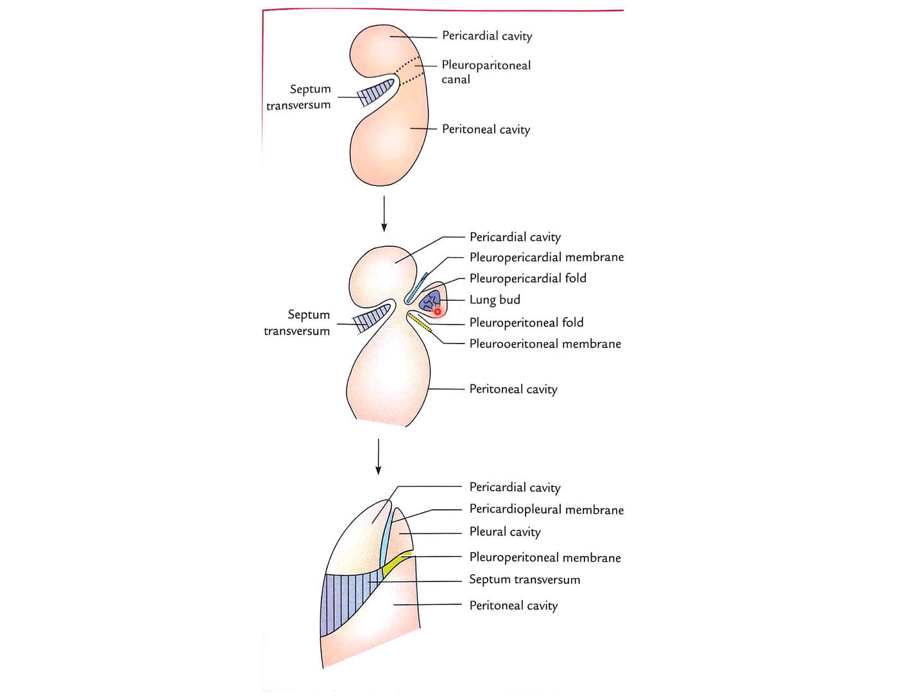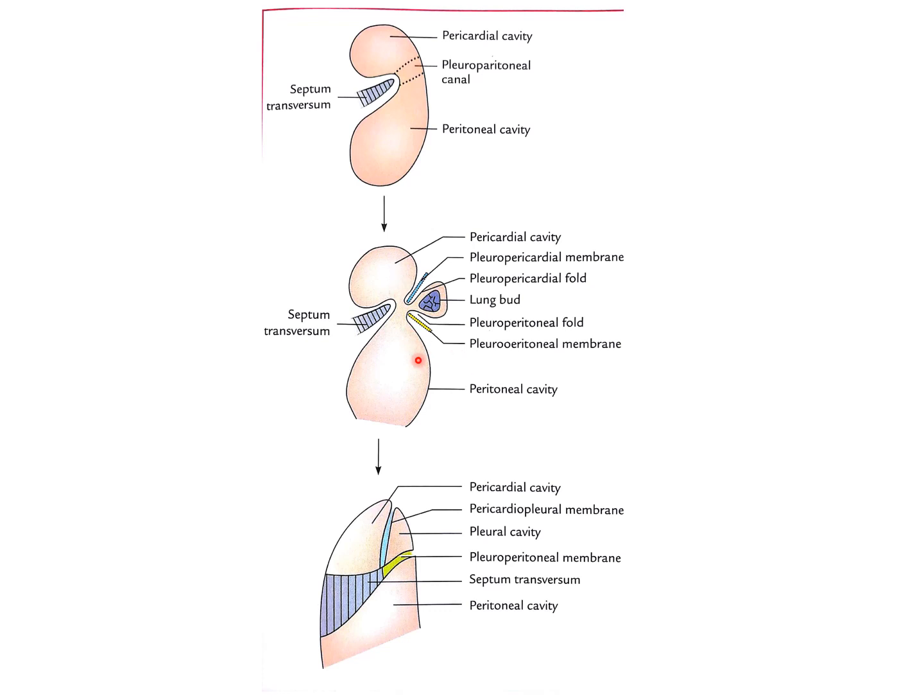You can see here the lung bud into the pleuroperitoneal canal. There appear two folds, one cephalic called the pleuropericardial fold and the other called the pleuroperitoneal fold. These later on form the membranes called pleuropericardial membrane and pleuroperitoneal membrane.